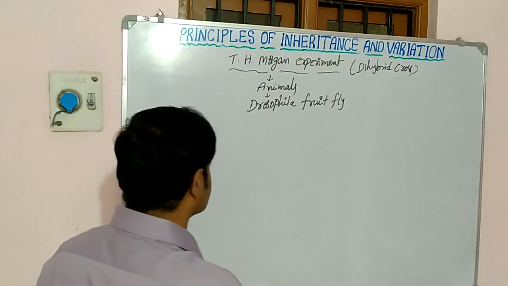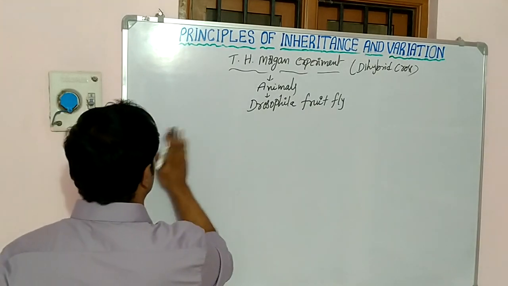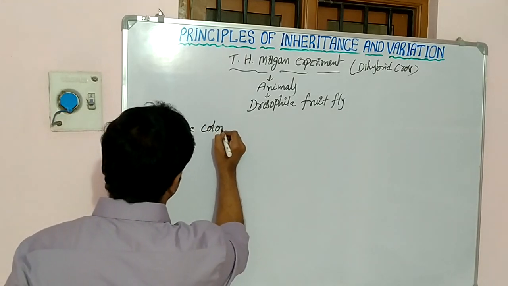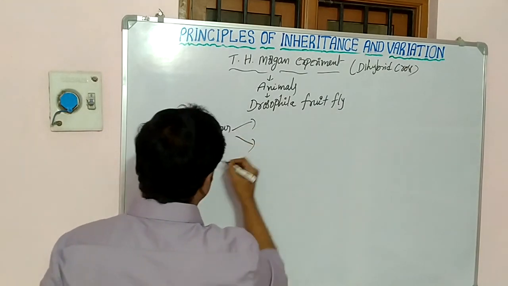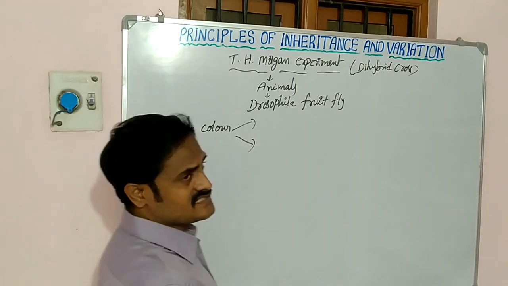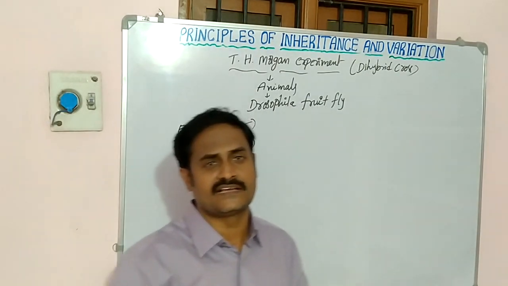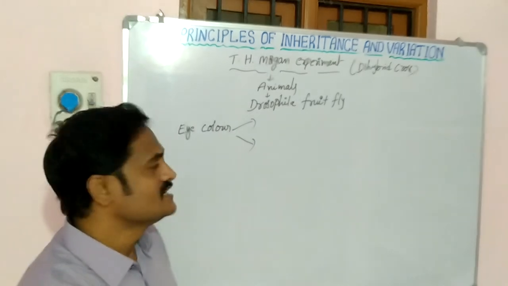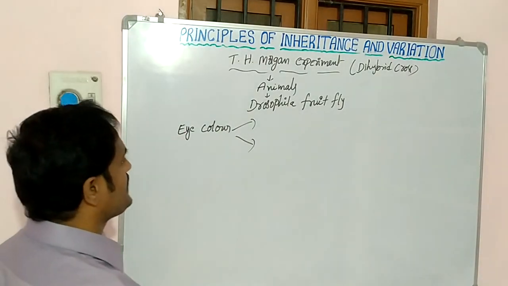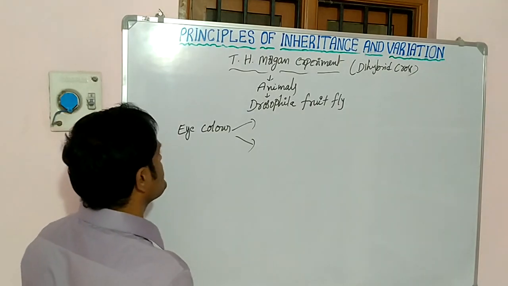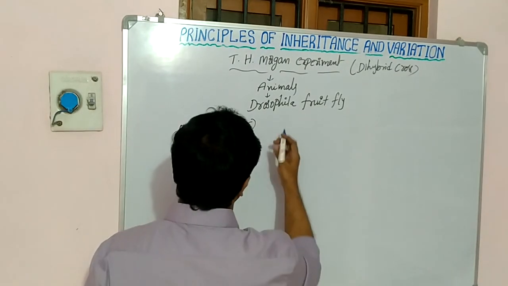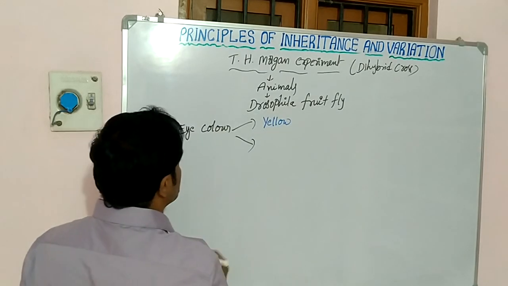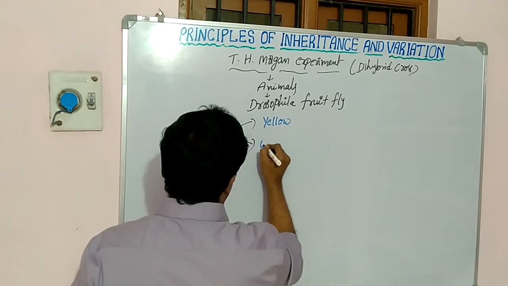What kind of contrastive characters? Suppose the eye color of this fly. It has two types of eye colors. All flies do not have a similar eye color. So what are the two types of eye color? One is yellow and the second one is white.